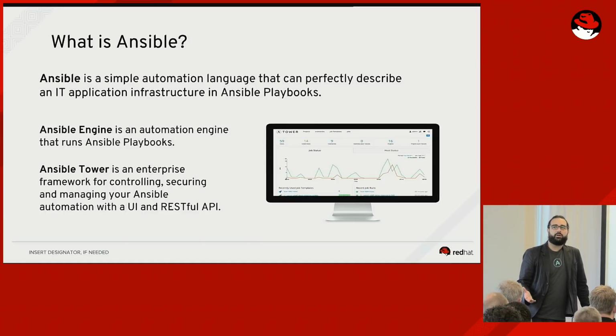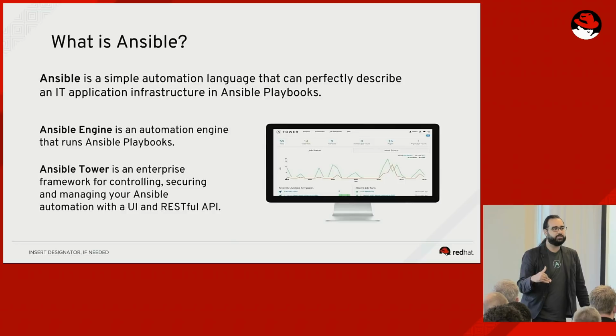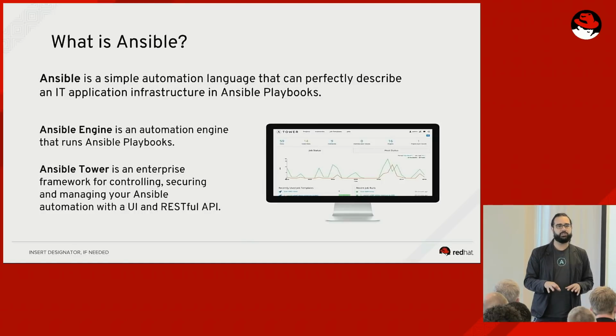Also, with Tower, you have a Tower CLI, which basically facilitates the process of doing the REST API calls for the folks that do not like going through a web interface at all. You can use the Tower CLI to trigger automation to do different tasks at Tower.